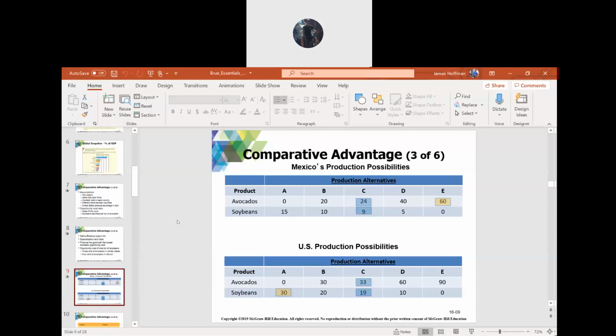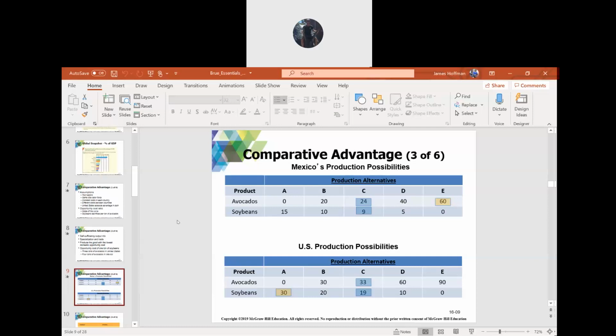Okay, so we probably recall something like this where we had different production alternatives in chapter 1 for the production possibilities curve analysis, where you just plot the points and illustrate the opportunity costs. So now we're going to take that concept, go back to it, look at two countries, and then do the analysis with specialization, and then with trade.